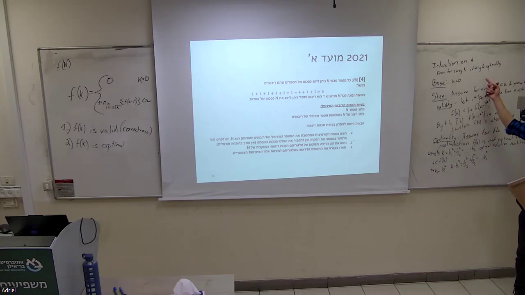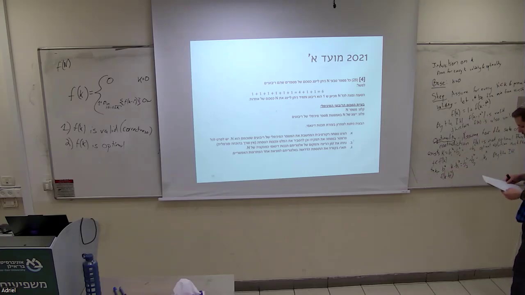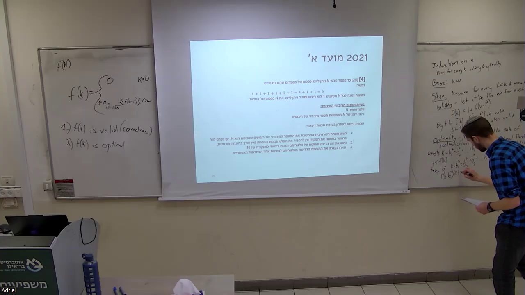Because we assumed that it's optimal for every k smaller than k, and this is strictly smaller than k. So therefore, by the induction hypothesis, f of k minus b1 squared is optimal.